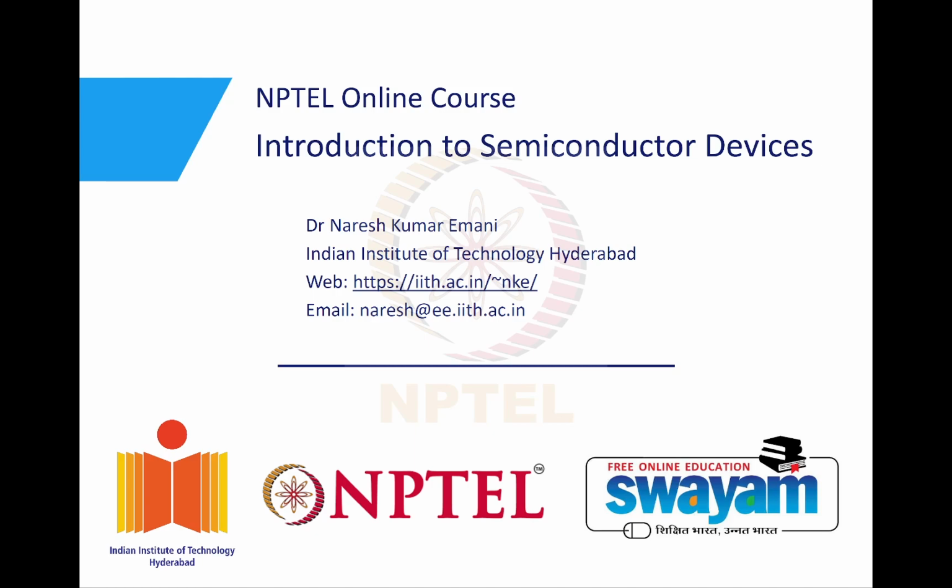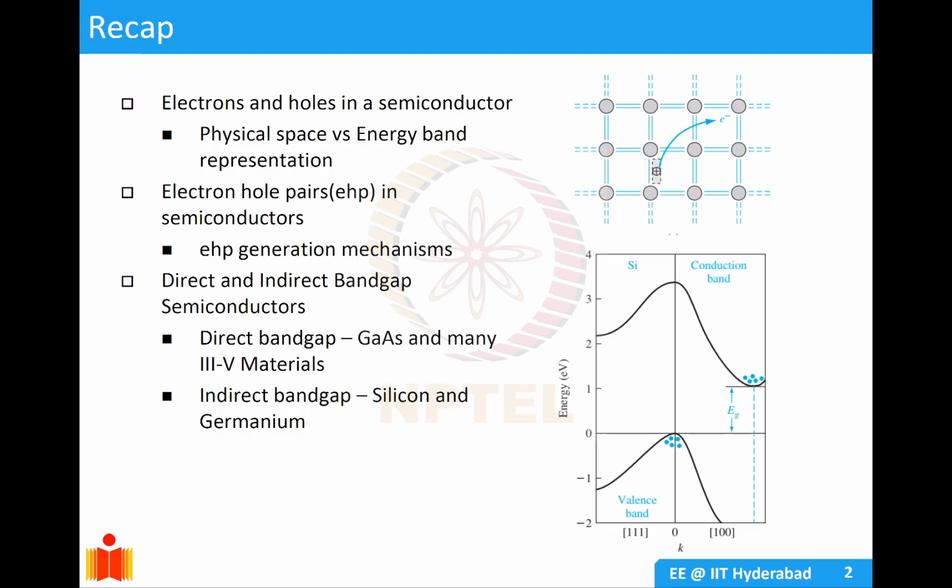Now we come to the recap of the course. This we learned last week: electrons and holes in a semiconductor have two types of representation.